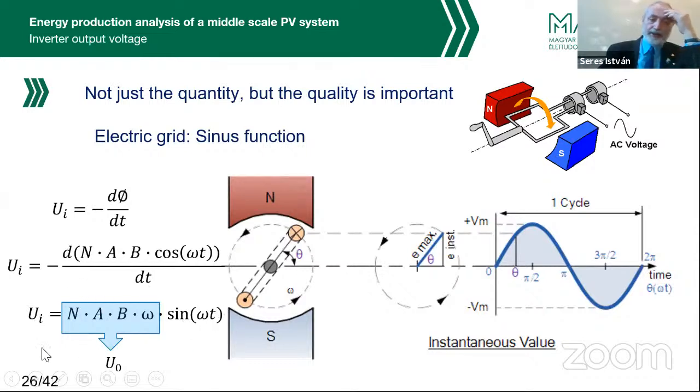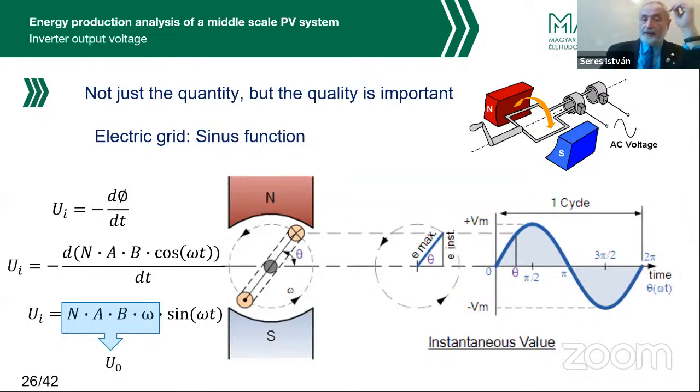In this way we get why in the electric grid we have a sine function, and yeah, the magnitude of this function is important as well, but the periodic time is important as well. The reciprocal value of this periodic time is the frequency. That is very important for the working of, not all, but some units.